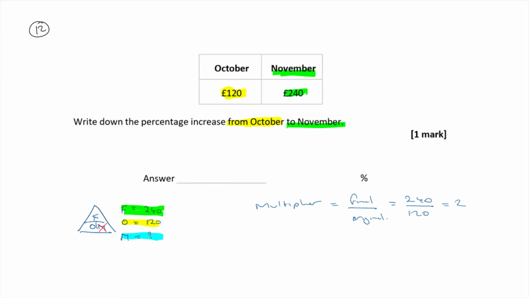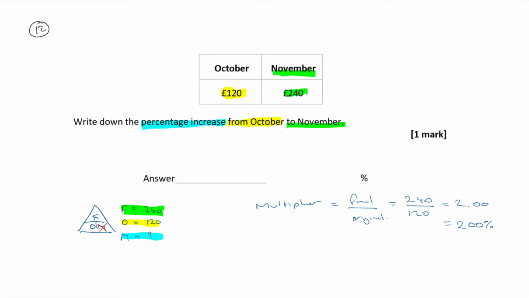Now that's a decimal number. Well, I'm calling it a decimal number, it's actually a whole number, but to turn it into a percentage I'd have to times that by 100, wouldn't I. That's 200%. Now remember, this is a percentage increase that we're looking for, and percentages always start off at 100%.